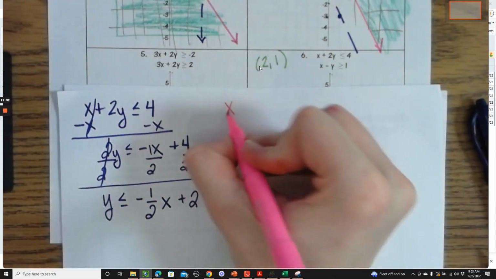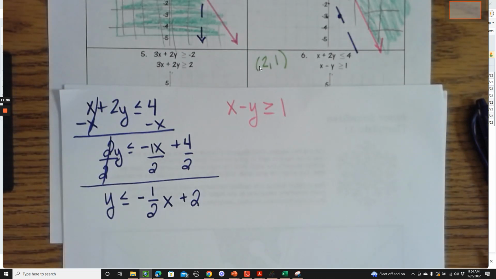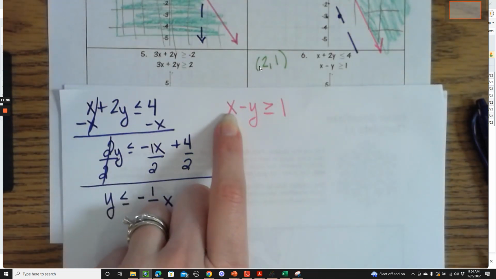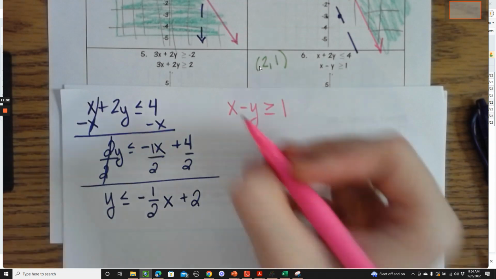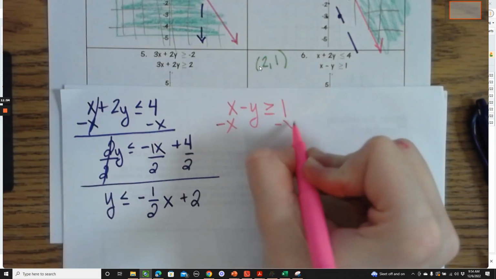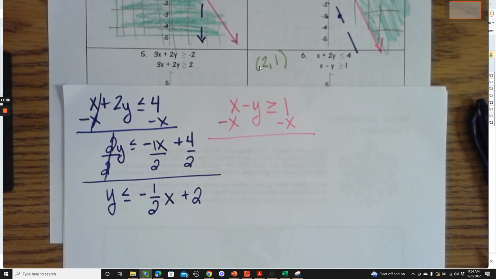All right, next equation. X minus y is greater than or equal to 1. I need to get x by itself. How do I get x by itself? What have we done every single time to move x? We've subtracted it. So that's your first step pretty much every time in standard form.